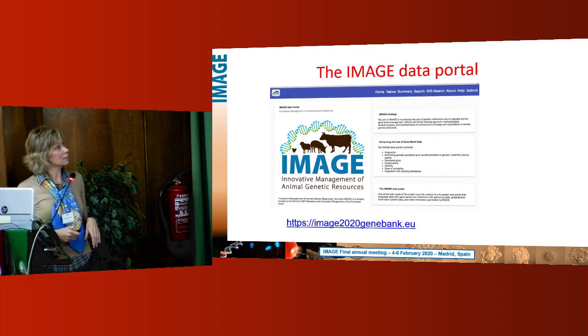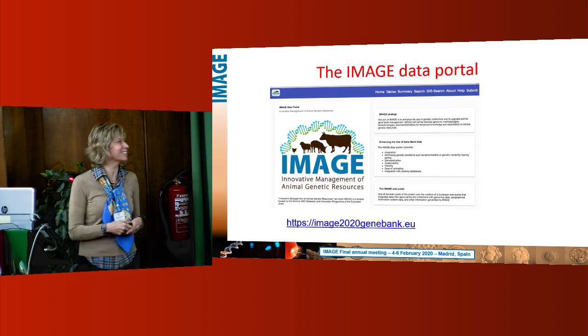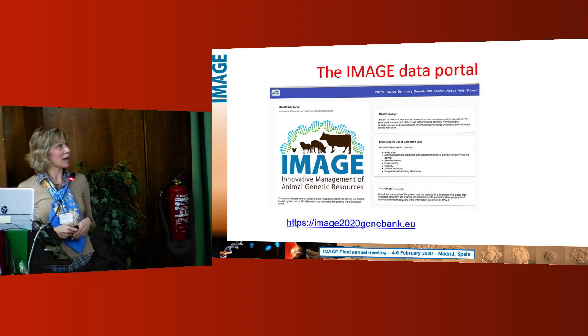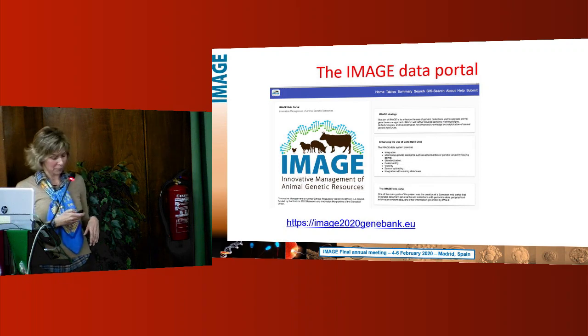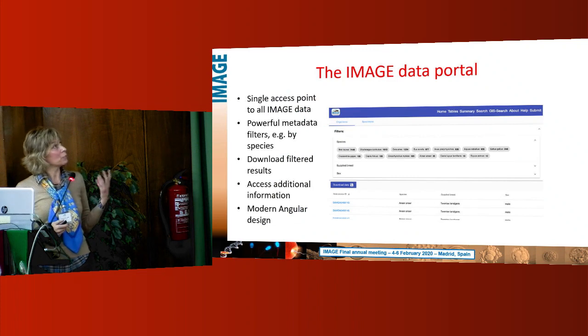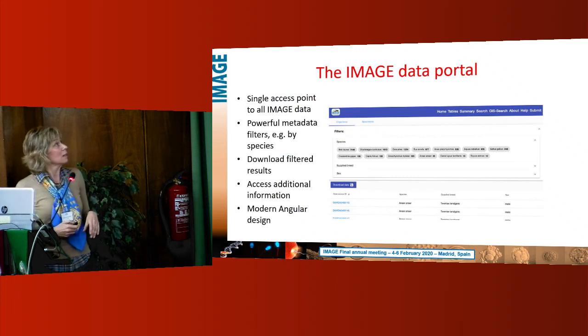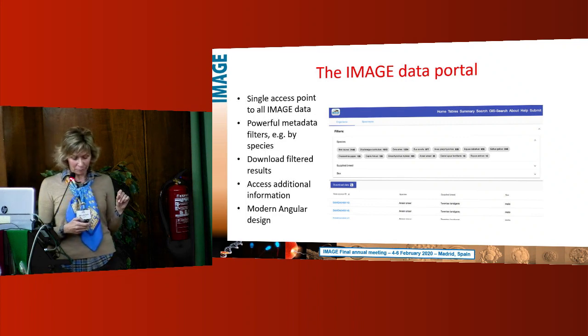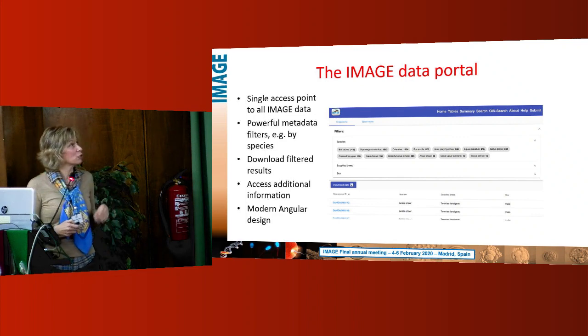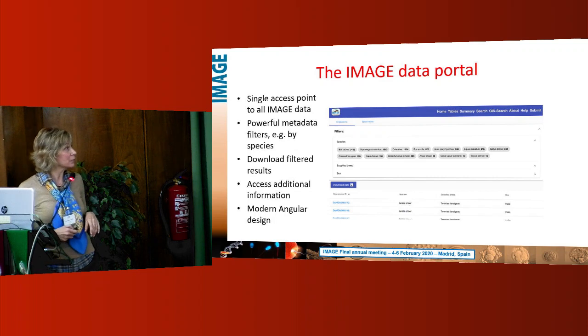The IMAGE data portal, this is how it looks. Write down the address that we have decided to give. And it's presented. This is the home page. As you see, it provides a single access point to all the IMAGE data with pretty powerful and, I would say, efficient and quick metadata filters.